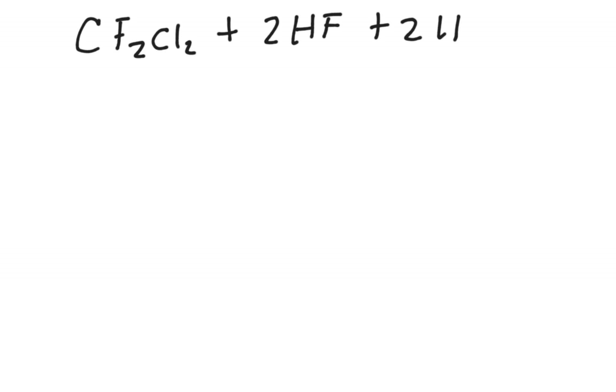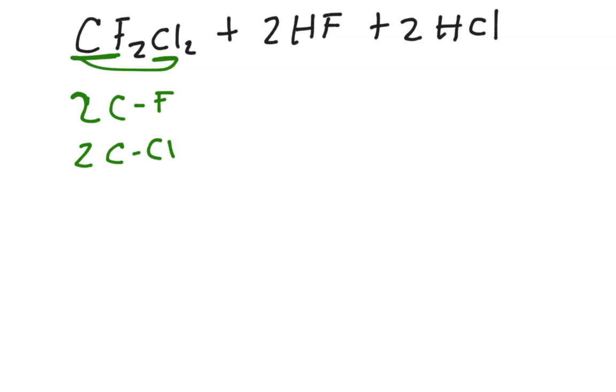Alright, so let's look at my other bonds that I'm going to form now. CF2Cl2 plus 2HF plus 2HCl. Well, here I'm going to have 2 CF bonds and 2 CCl bonds. Here I'm going to have 2 HF bonds, and here I'm going to have 2 HCl bonds.